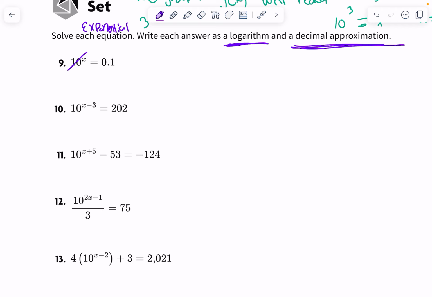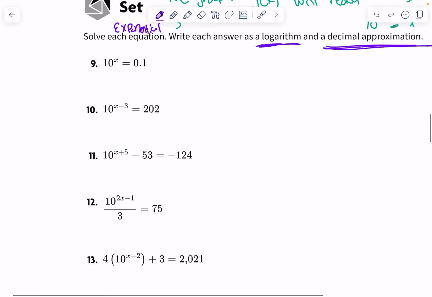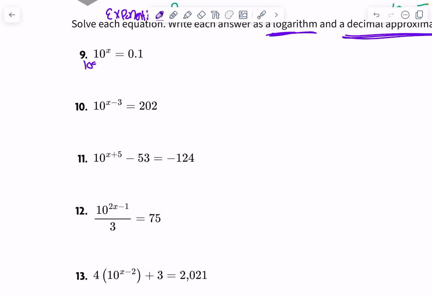How do I get rid of it? I have to take the log, because they're inverses of each other. So I take log base 10 here. What I do to one side, I do to the other. It's one of those commandments. This will cancel it out. What did I do? This goes away.